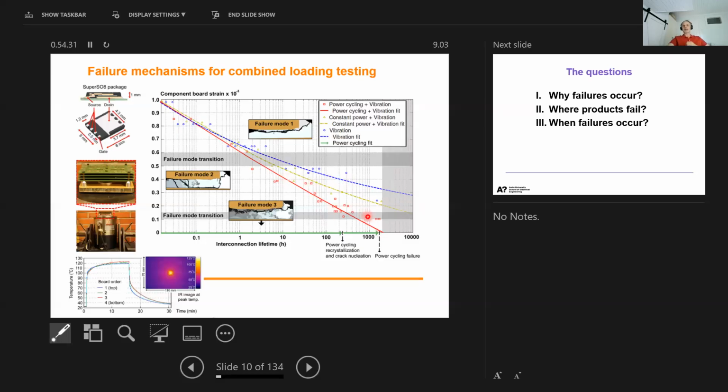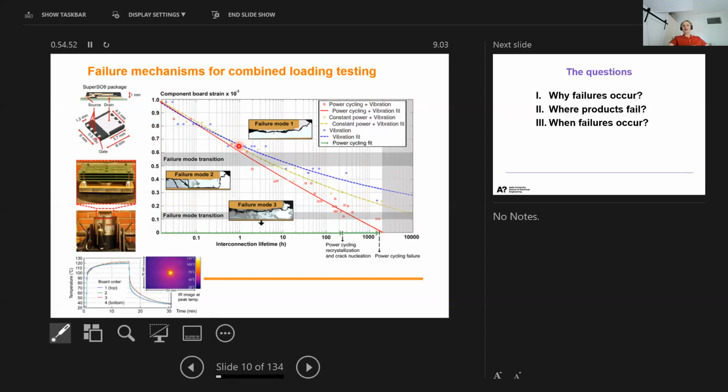So now you think that, okay, we have 3 curves. The problem is that as a function of vibration loading, we have different acceleration factors. When the vibration loading is high, then it dominates.